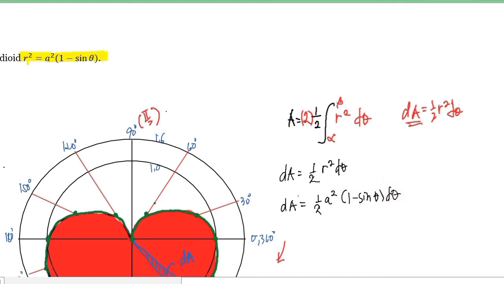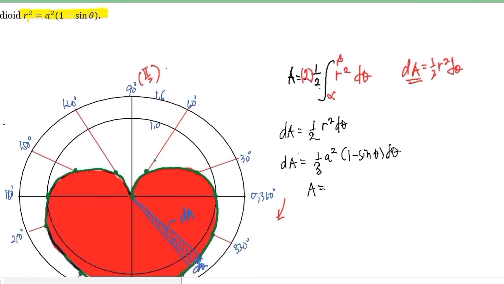So, i-substitute na natin siya dito sa integral natin. So, that's 2 at saka yung 1/2. Actually, yung 1/2 na to ay kasama na siya dito sa equation natin, and that would be cancel na siya. So, integral ka na dito.